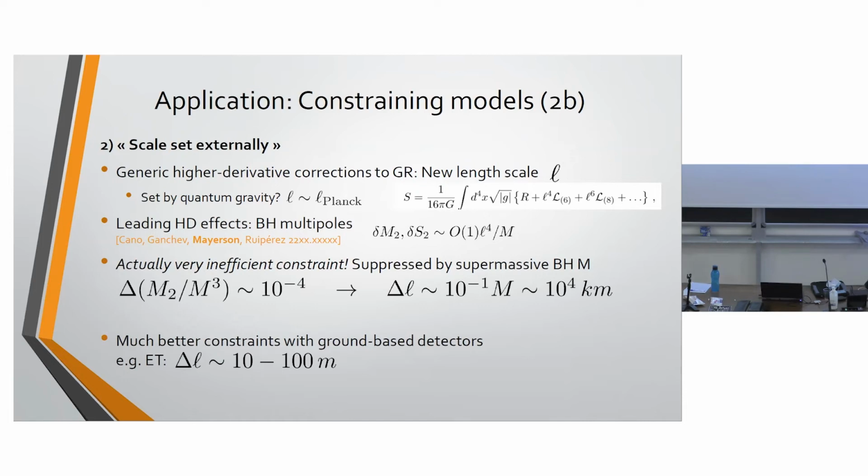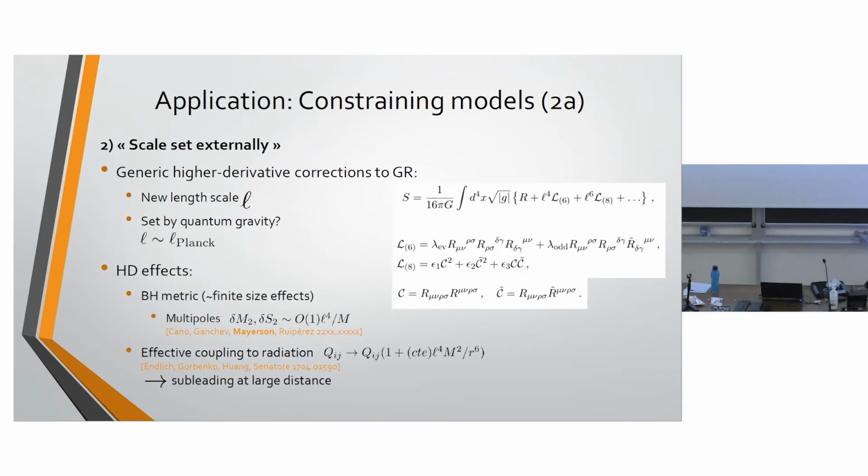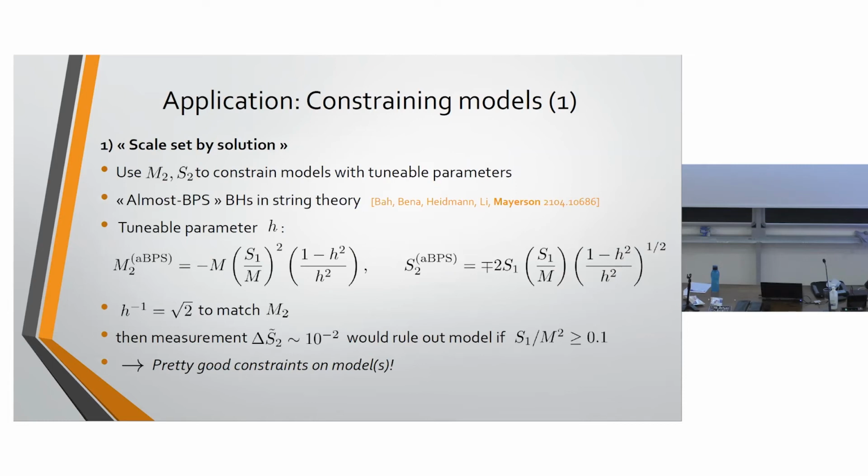The effect of the higher derivatives on the radiation, because of this suppression here, you don't see it so much. Yes, for the inspiral, and then in the merger, yeah. But yes, for the almost BPS for sure, I'm sort of cherry picking my effect. There will be other effects coming from dipolar emission et cetera. Yeah. Agree. Any other questions here?